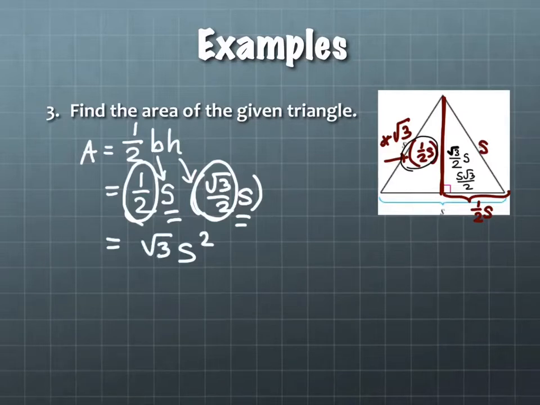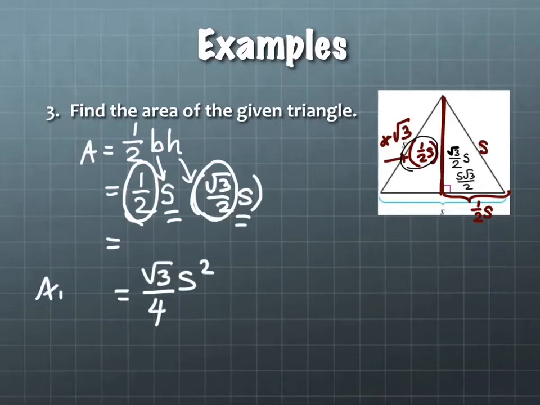Yeah, it'd be square root of 3 over 4. Does that make sense to everyone? Multiply across the top, 1 times the square root of 3, multiply across the bottom, I get the 4. This would be the area formula of an equilateral triangle.